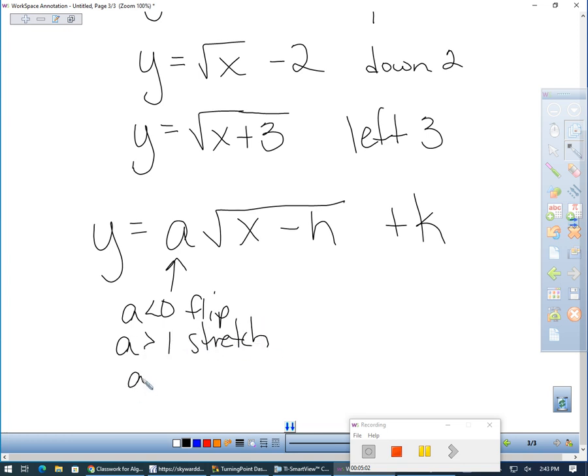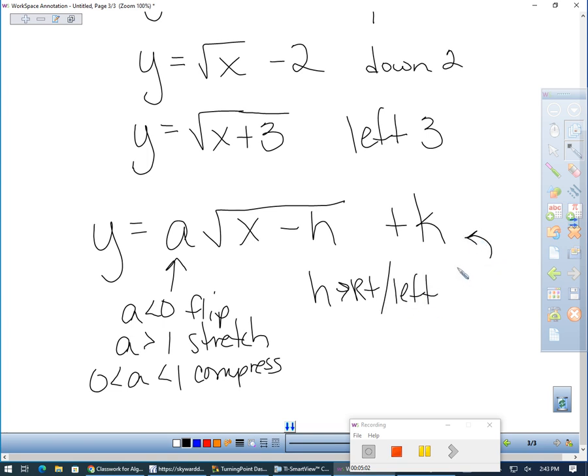And if a was between 0 and 1, it would be a compress. For the h, you technically would take x minus h and set that equal to 0. And this would tell you whether you go right or left. And of course, my k tells us whether we're going up or down. All right, we're still good?